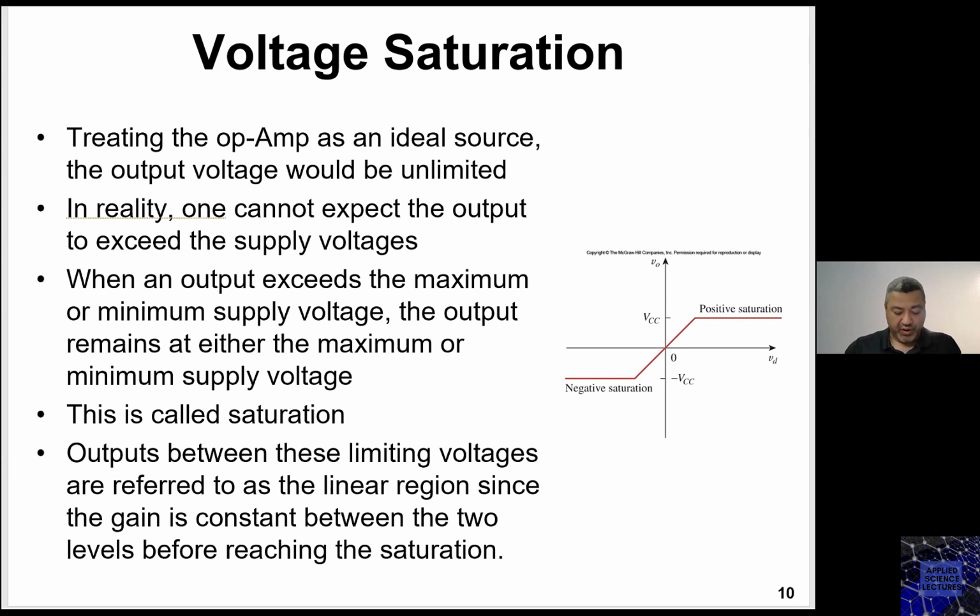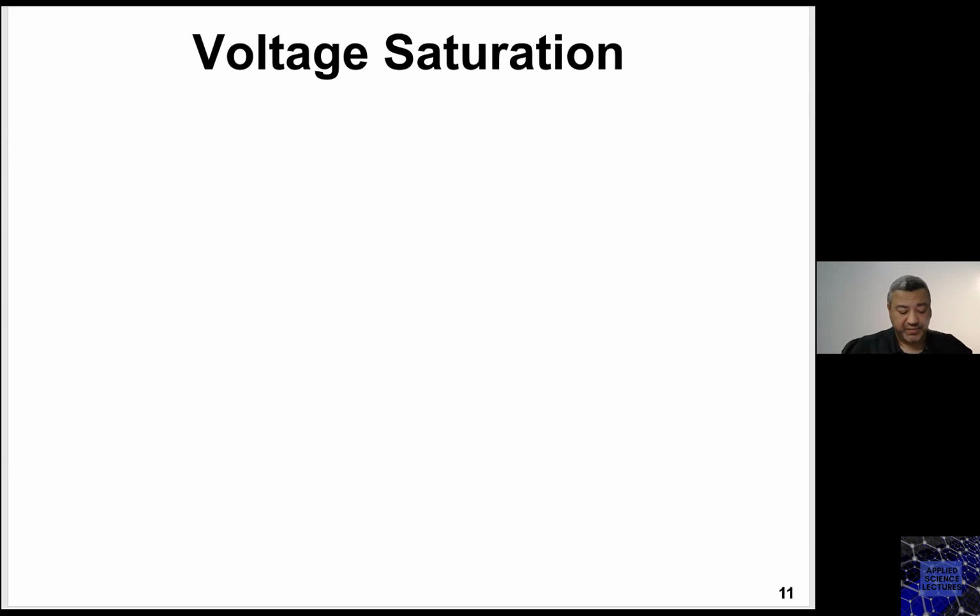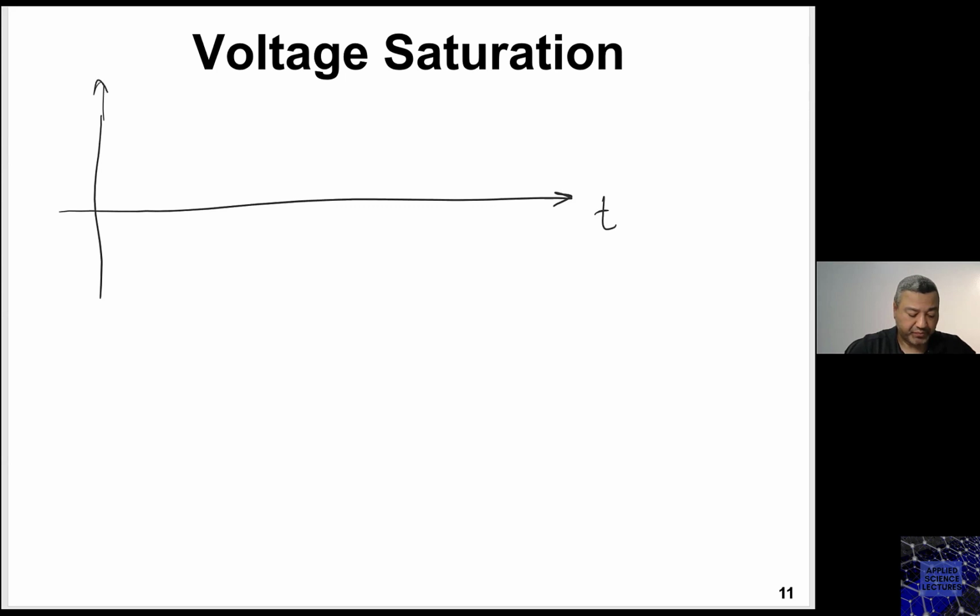Okay. So now, to understand what saturation means here, let's look at those two signals. Let's assume that I have this sinusoidal signal that I am applying at the input of the operational amplifier. So here, this is my sinusoidal signal.